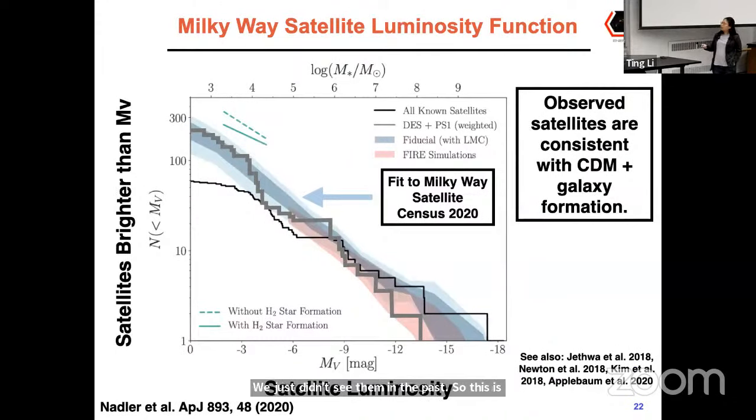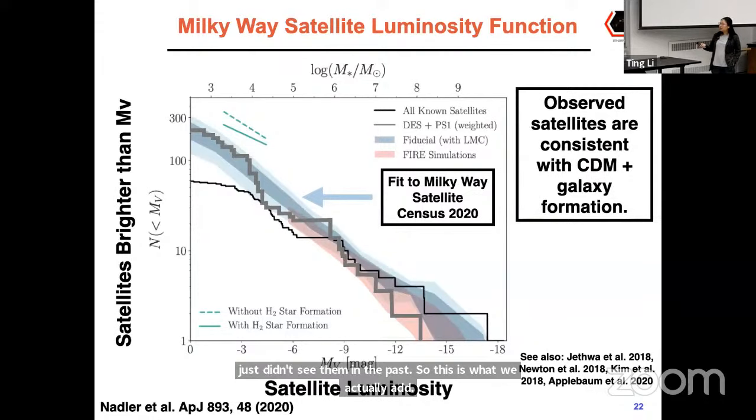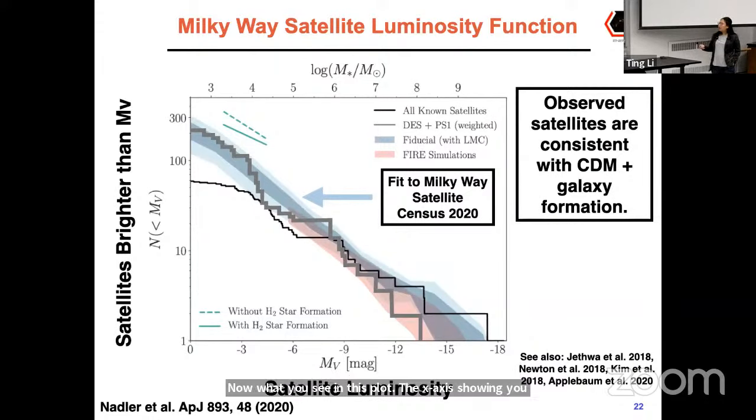So this is what we are at now. What you see in this plot, the y-axis shows you the number of satellite galaxies, and the x-axis shows you how bright those galaxies are. And we're expecting the theory from the simulation, which is this red one, and also this blue shaded one.